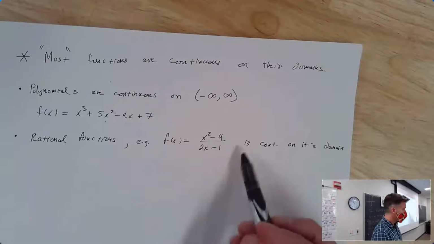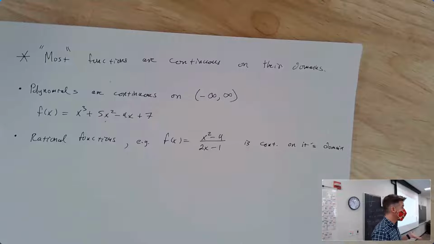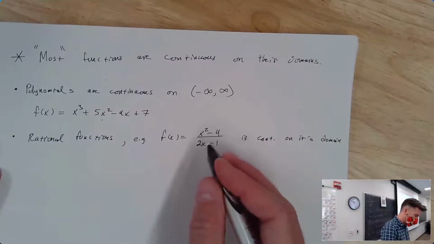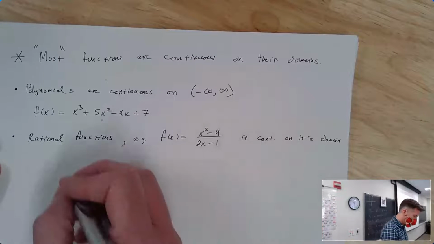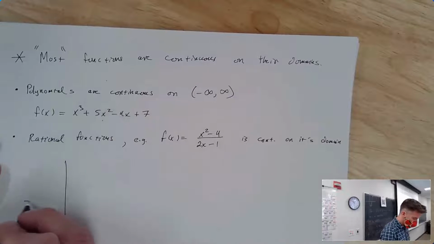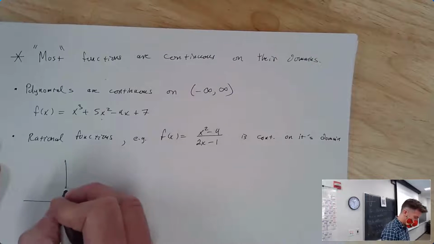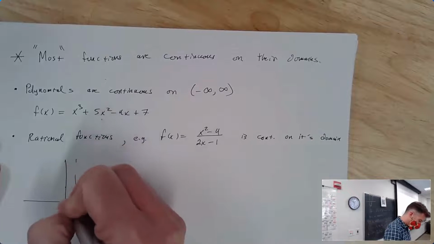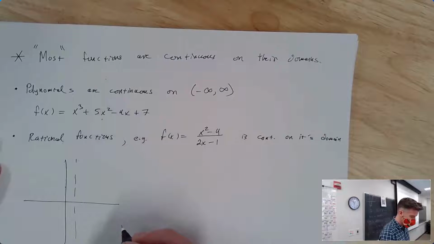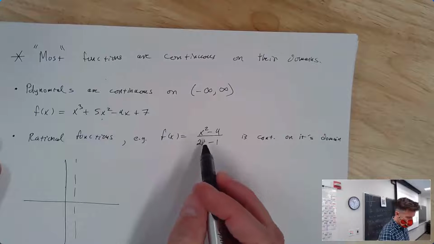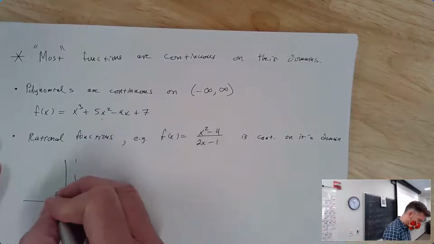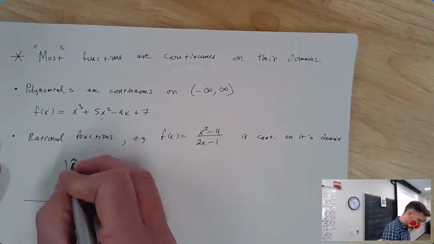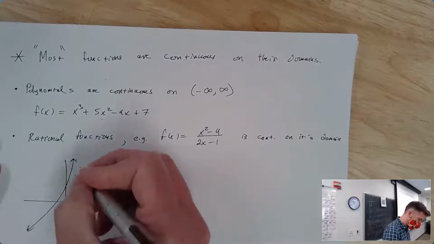So this function is definitely continuous everywhere except at its vertical asymptote. If I was going to draw this, I should have picked something easier to draw. Let's see, if I plug in 0, I get 4. I don't know exactly what this looks like, but I think it looks kind of like this.